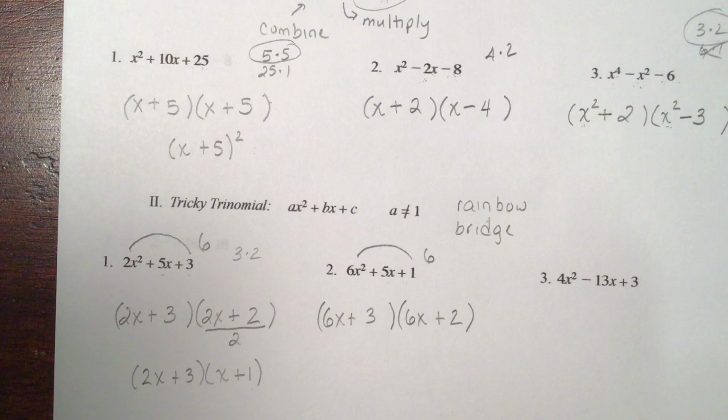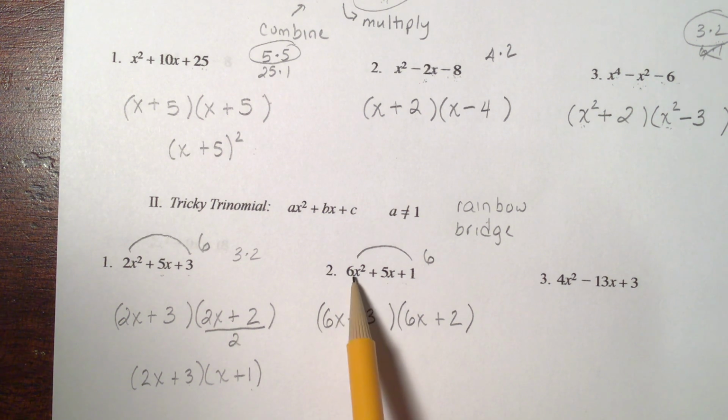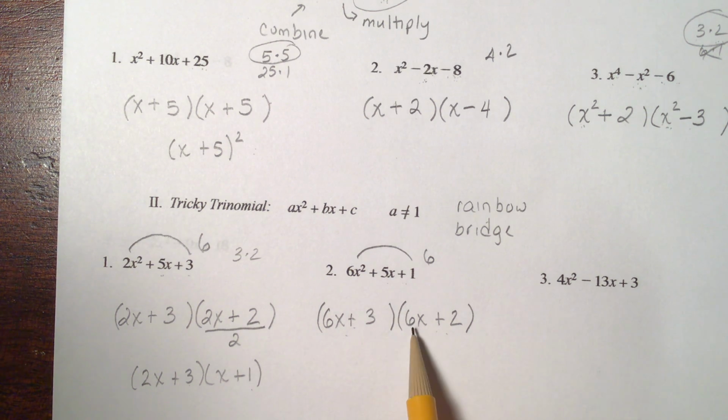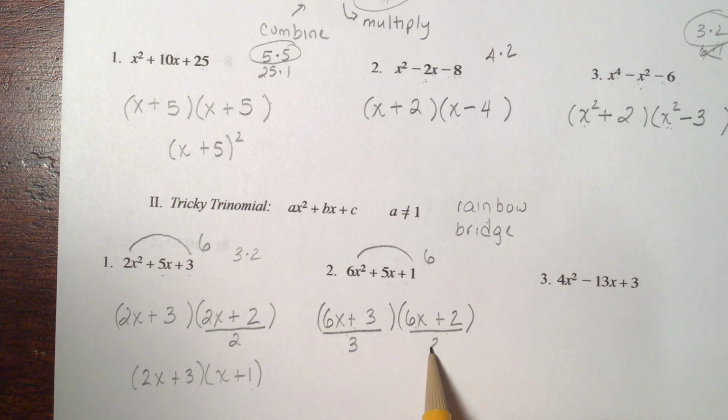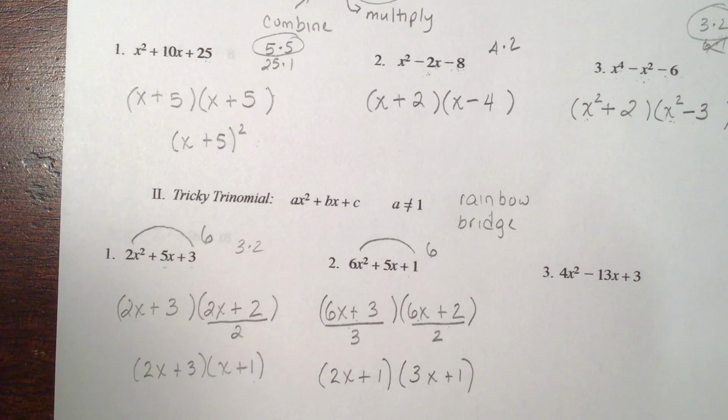Now in this case, this is a little tricky because I don't have one set of parentheses that's divisible by 6. I put in an extra factor of 6, so I'm going to divide this one by 3 and this one by 2. And here I would get 2x plus 1, 3x plus 1, and check it out, 6x squared plus 2x plus 3x gives you the 5x, 1 times 1 gives you 1.